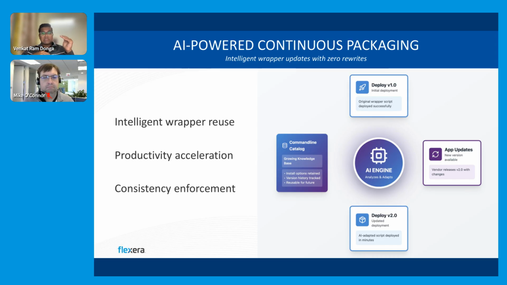Now, once you have packaged Firefox 100, and then Firefox 101 comes in, or Chrome 100 or Chrome 101 comes in, you would not want to start off the base template once again, right? So you'd want to say, hey, I have a PowerShell wrapper that's already been written for Firefox 100. I'd like to retain the exact logic as is, from 100 to 101, because I know that I'm not making any changes for this particular package.